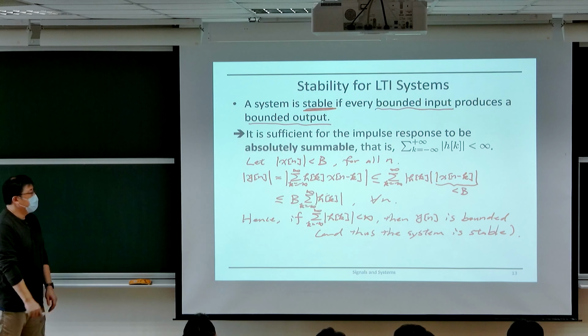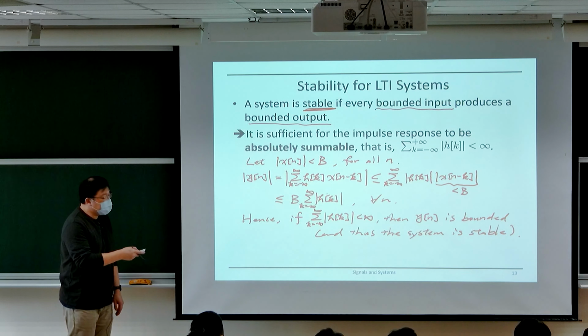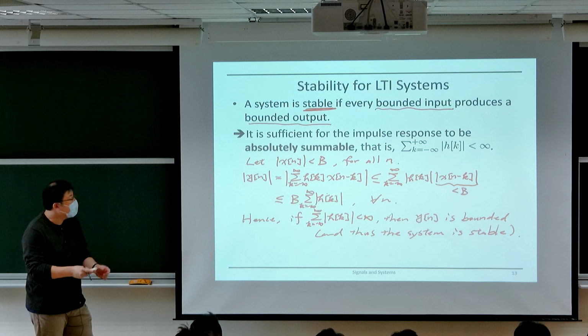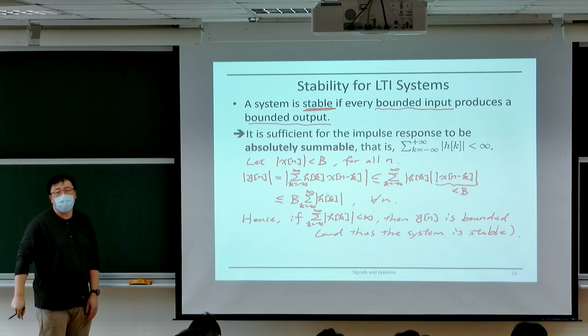So here we have shown that it is sufficient for a system to be stable that the impulse response be absolutely summable.